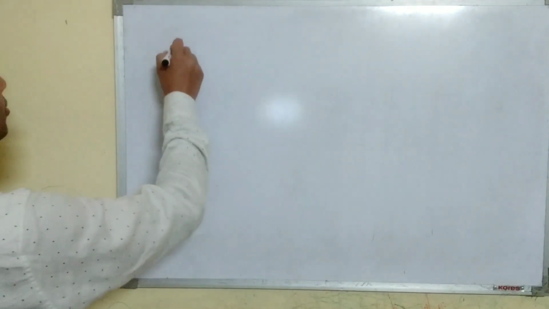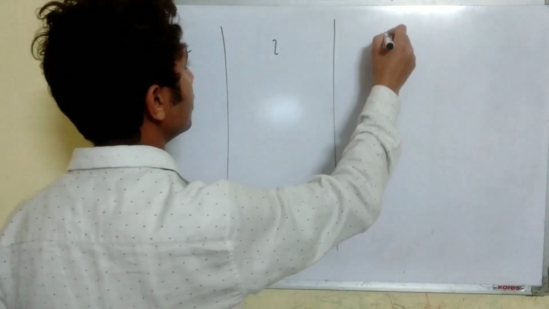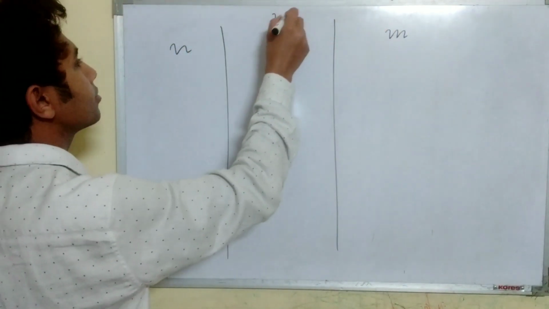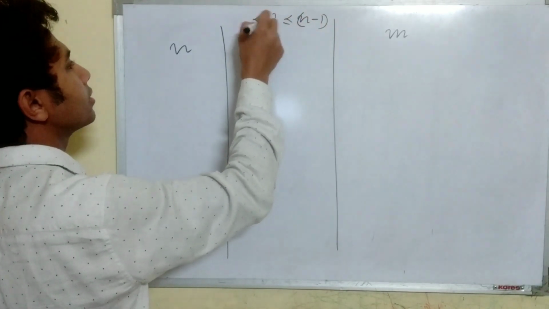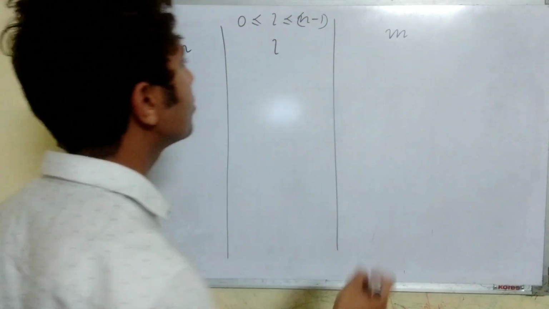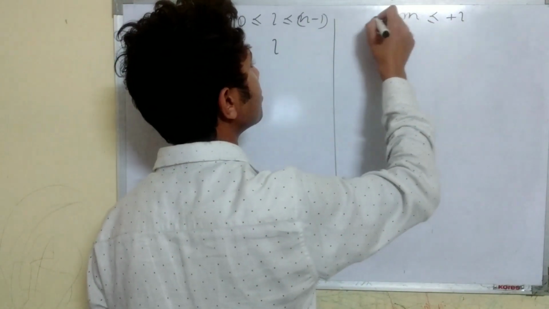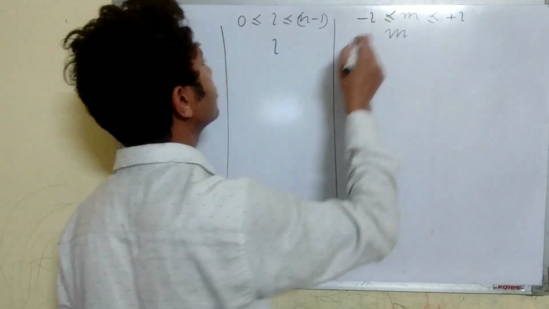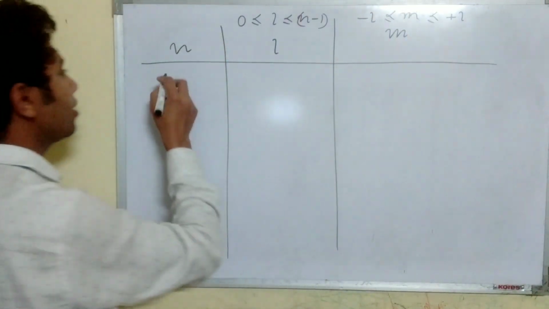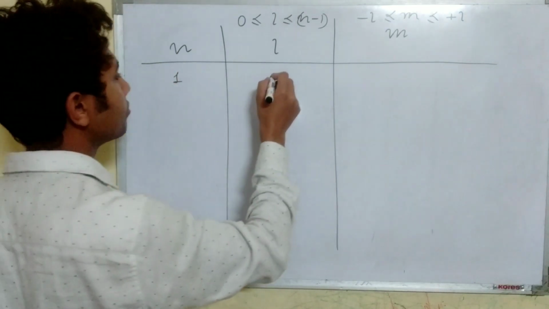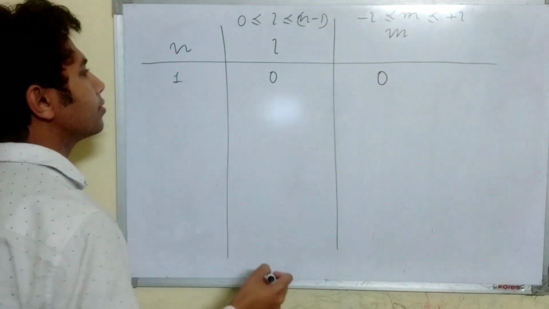So now n, L, m. L value is less than or equal to n minus 1 and greater than or equal to 0. m is less than or equal to plus L and greater than or equal to minus L. So if we have n is equal to 1, then value of L will be 0, value of m will be only 0.